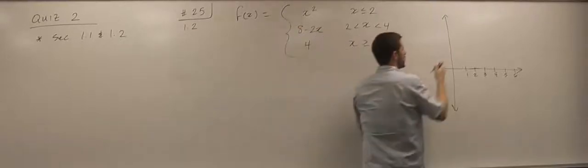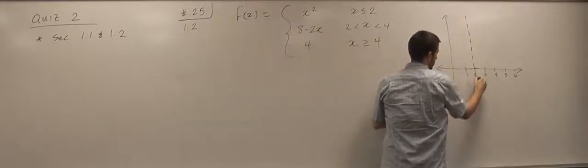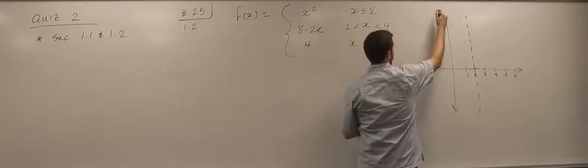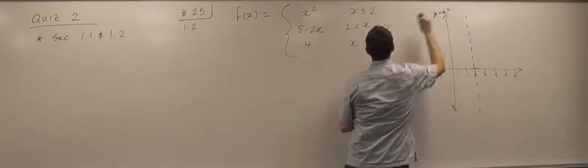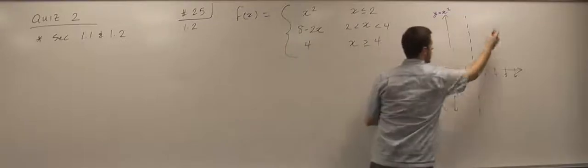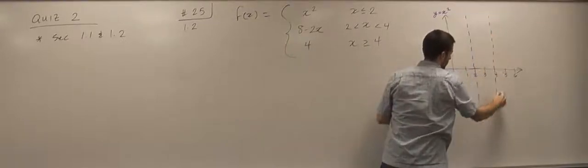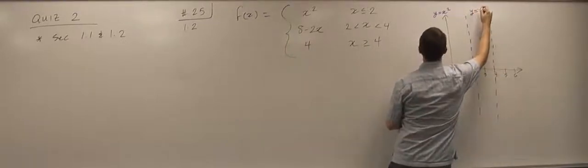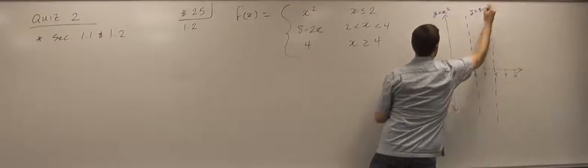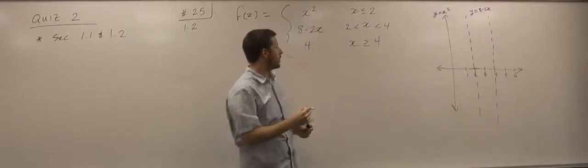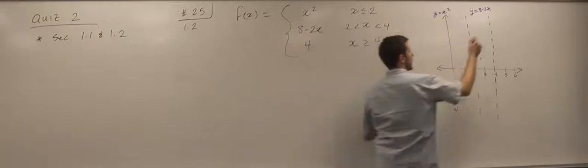We break at 2. So less than or equal to 2, we're going to have y equals x squared. Between 2 and 4, we're going to have y equals 8 minus 2x. And then after 4, we're going to have y equals 4.